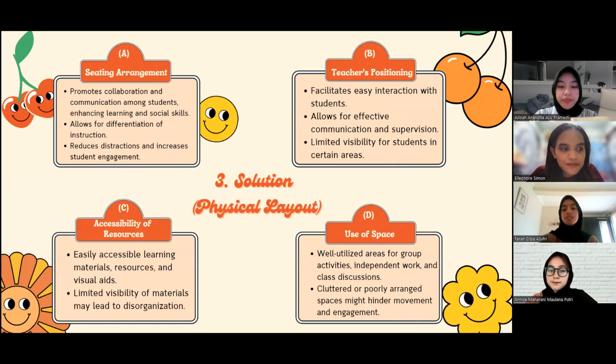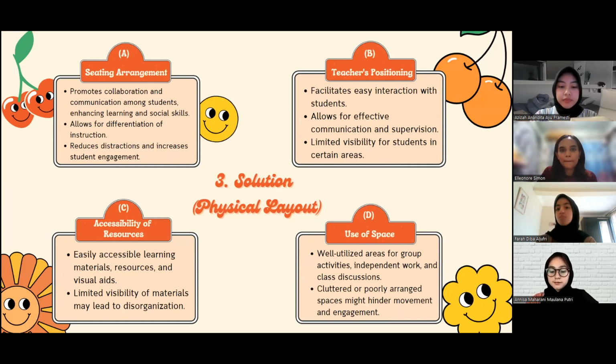Okay, for the last one is solution regarding physical layout. The first one is seating arrangement: promotes collaboration and communication among students, engaging learning and social skills, allows for differentiation of instruction, reduces distraction, and increases student engagement.